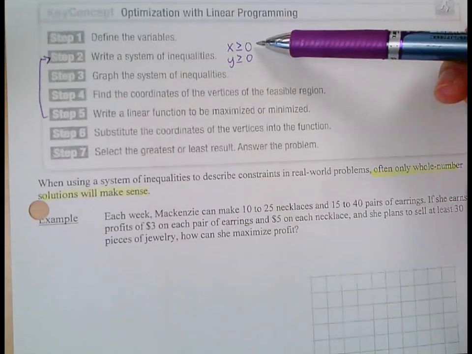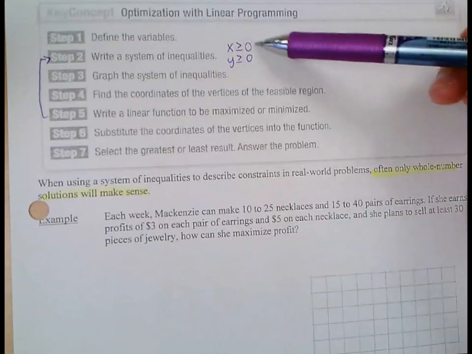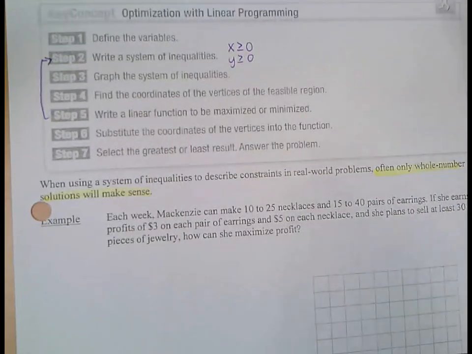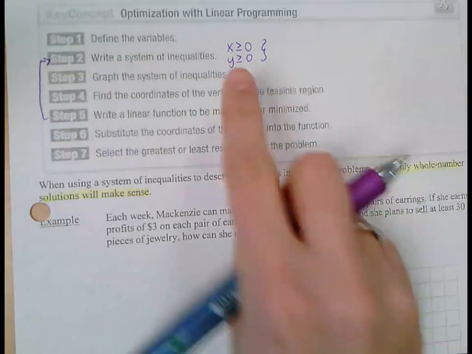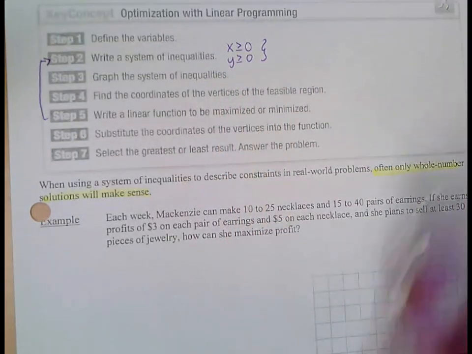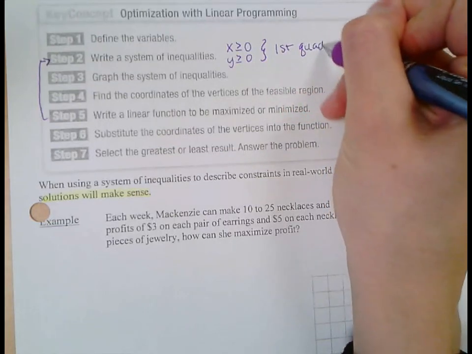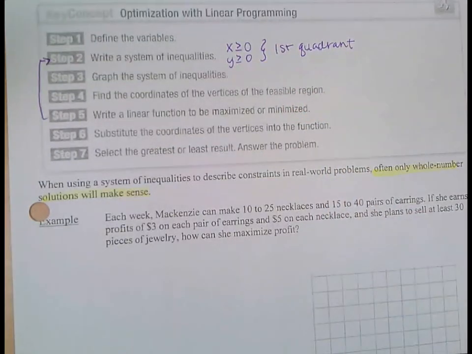If one of the inequalities you write, for example, is that X should be greater than or equal to 5, then you don't have to include greater than or equal to 0 because it already would be. But this basically is just telling you we're only looking at positive values, so your graph should be in the first quadrant. So it's not necessarily anything additional you would need to graph, but it should be part of your system if it isn't kind of built in already.